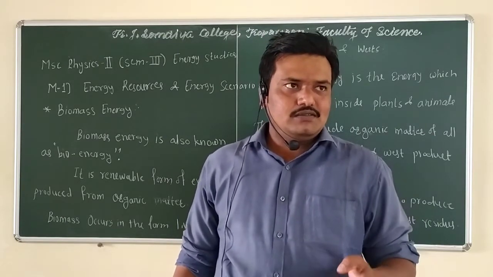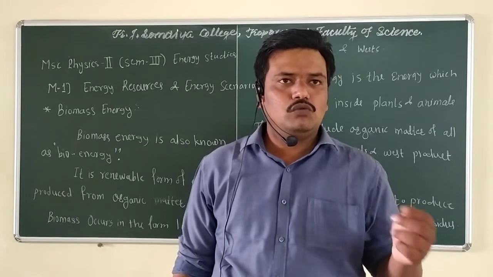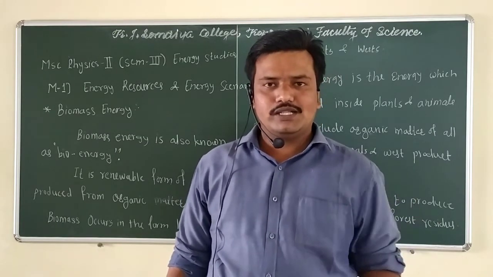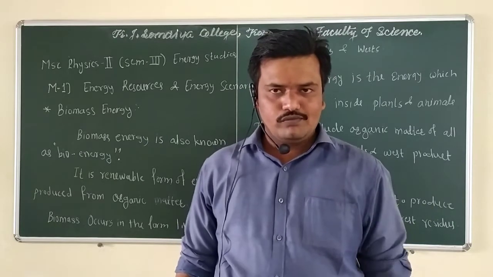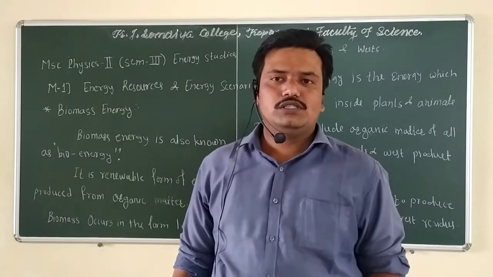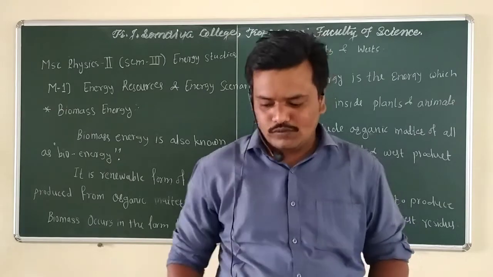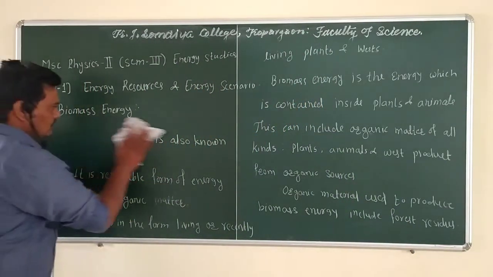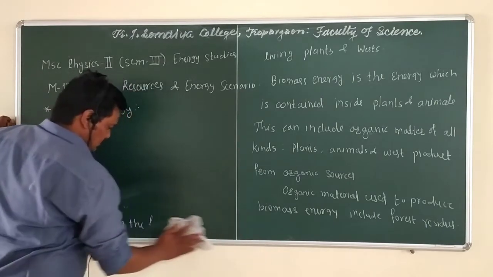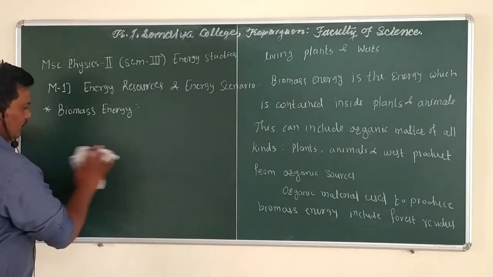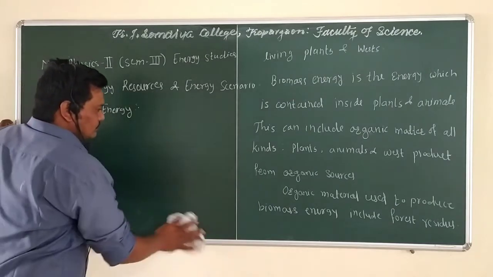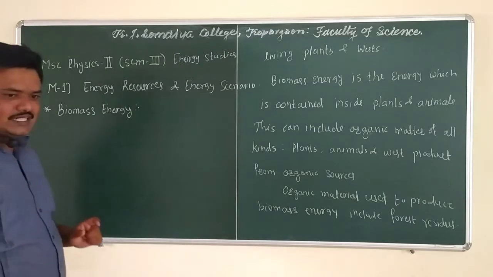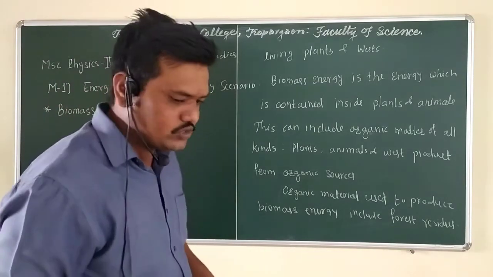So this biomass energy has both advantages and disadvantages. We want to see first the advantages of biomass energy. For example, biomass energy is a renewable source of energy which is extracted at the lowest cost.